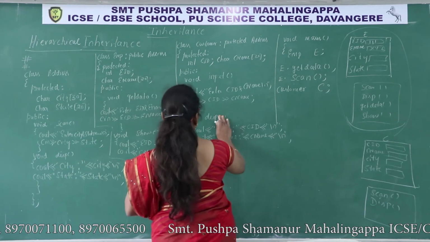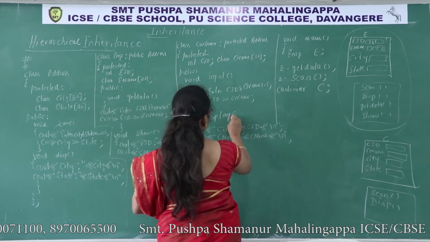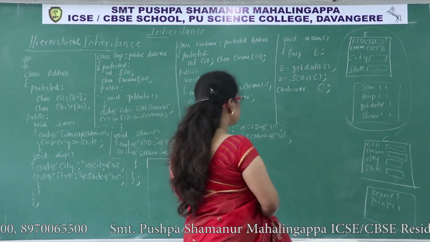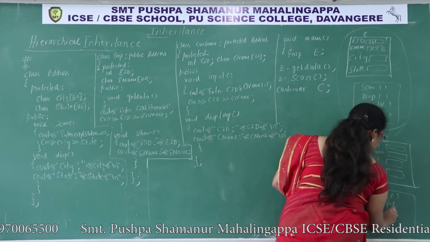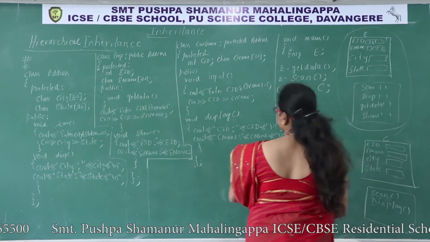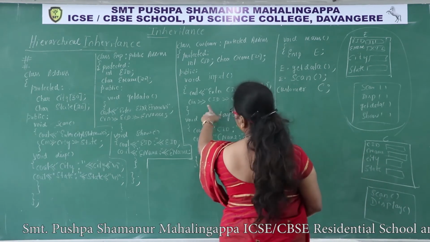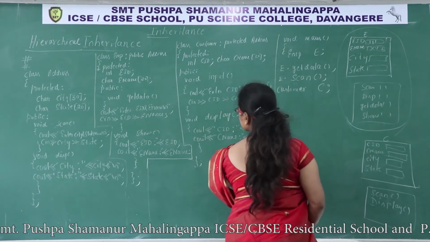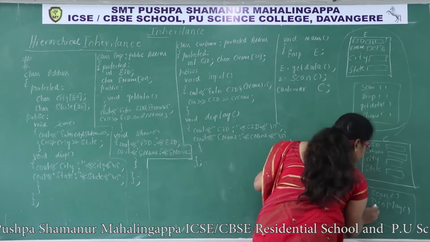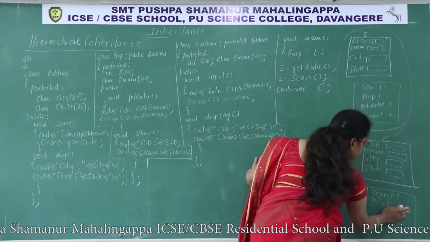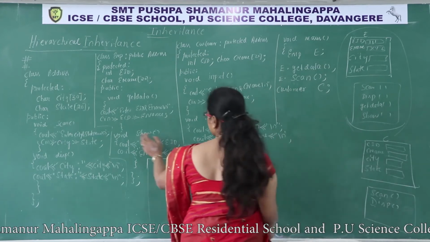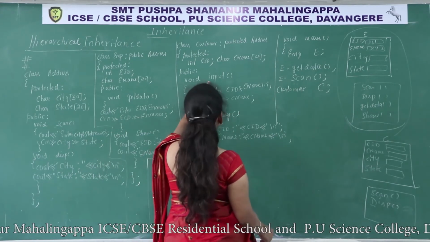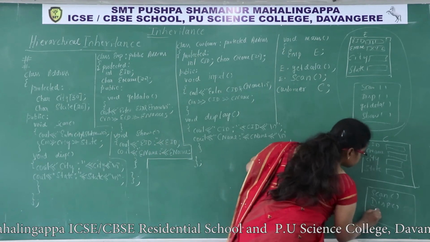I'll take display here. Base class members scan and disp, and derived class input and display.